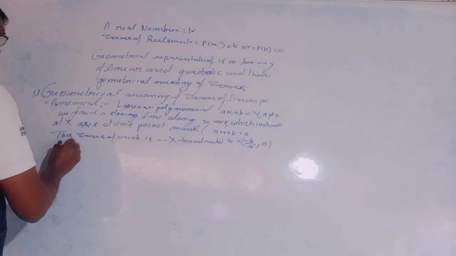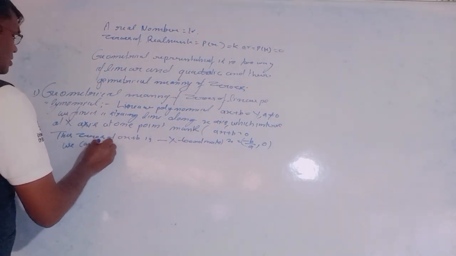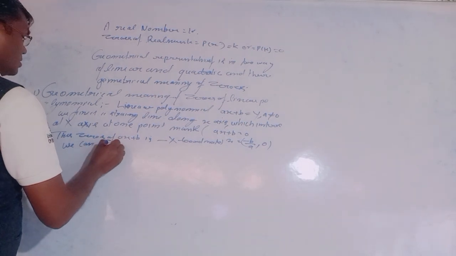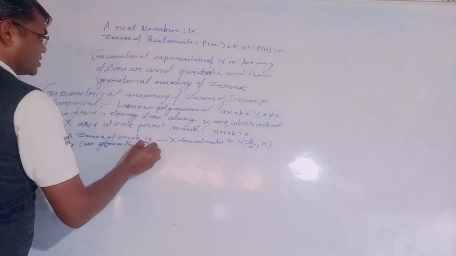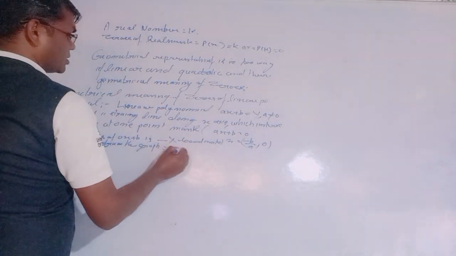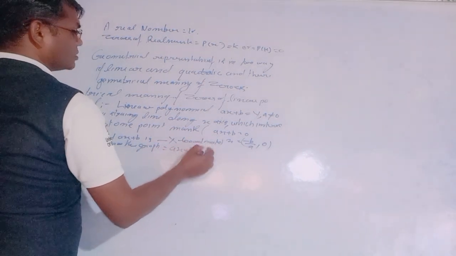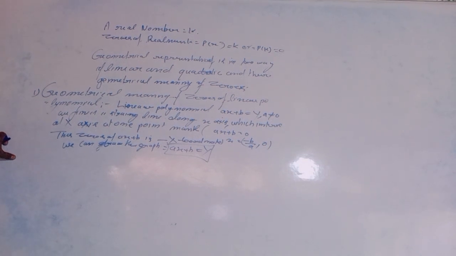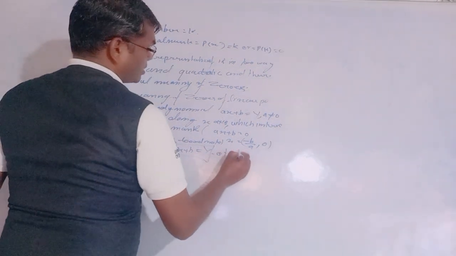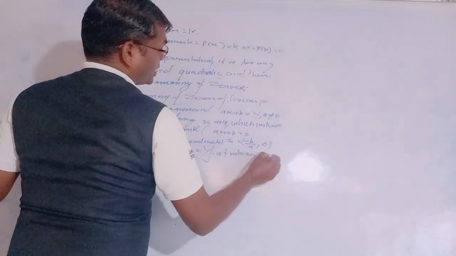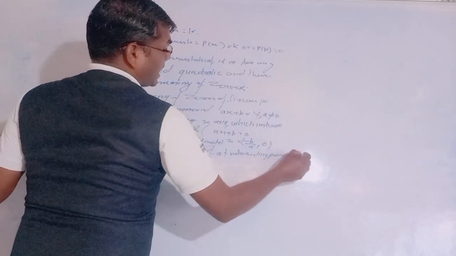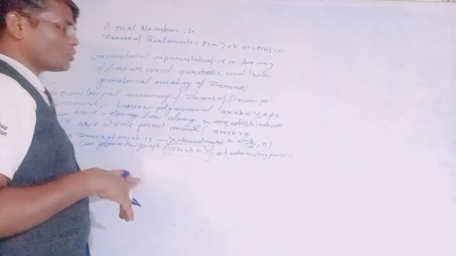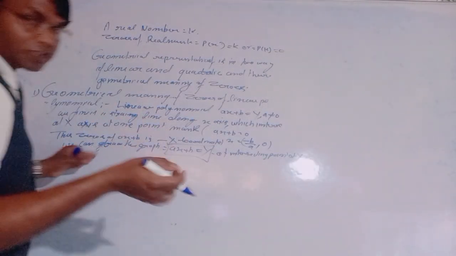We can draw the graph of ax plus b is equal to y from this linear equation. The intersecting point will always be on the x-axis. So we will take an example.